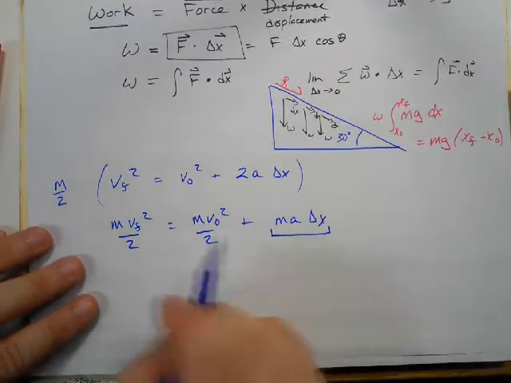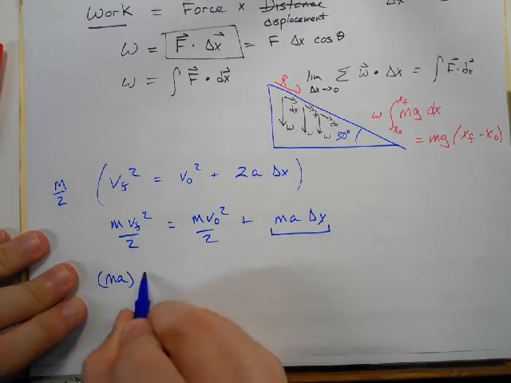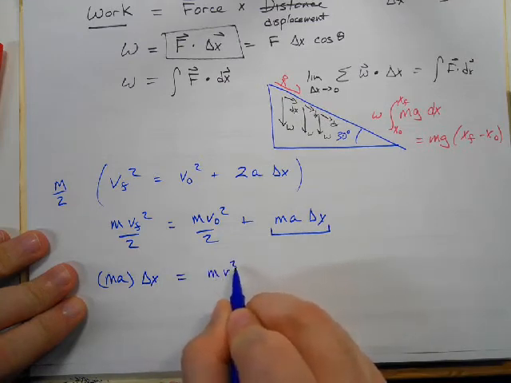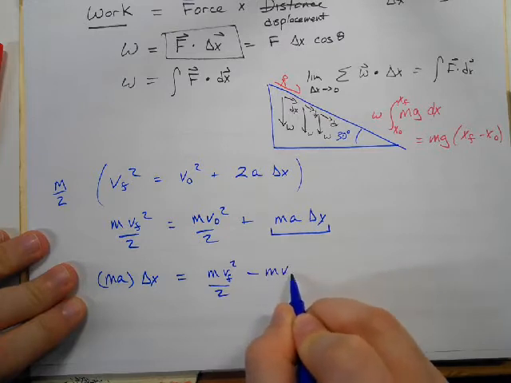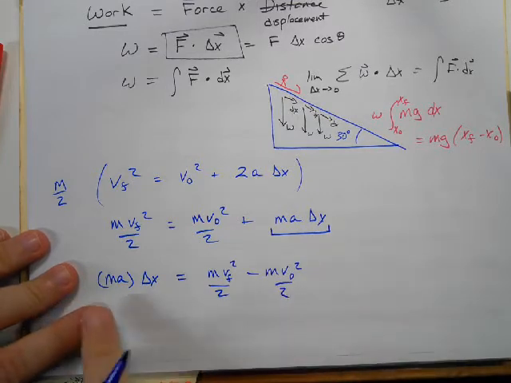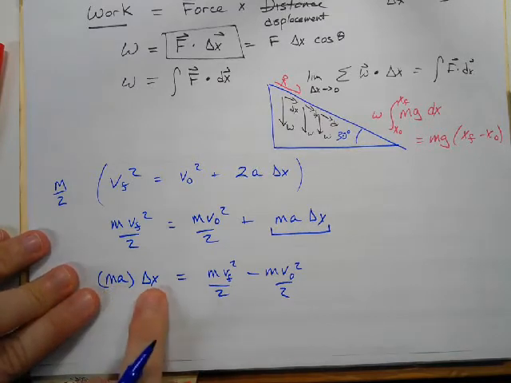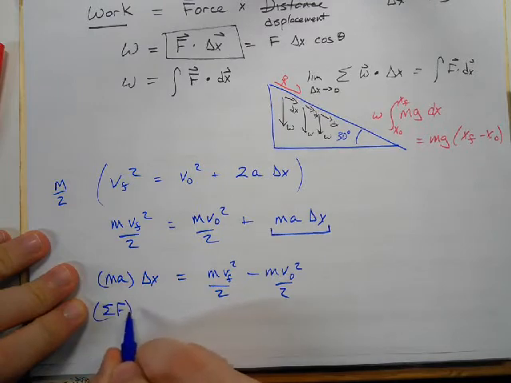So we'll have ma times delta x is m v final squared over 2 minus m v initial squared over 2. And the thing in the parentheses here is the net force and the displacement.